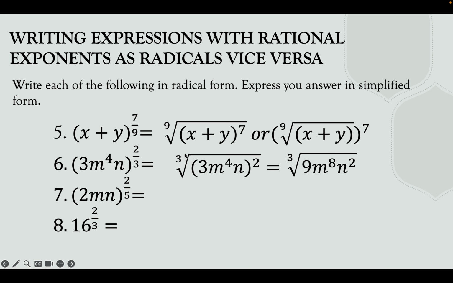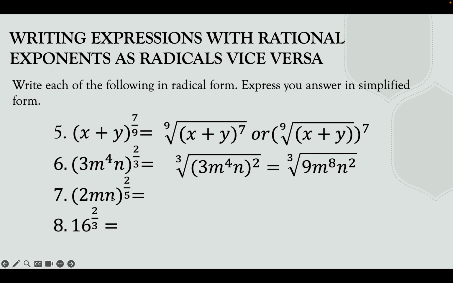So we have the cube root of 3m raised to 4n, all raised to 2. Then you distribute the exponent: 3 squared, m raised to 4 times 2, n squared. To simplify, we have the cube root of 9, m raised to 8, n raised to 2. Next example, we have 2m times n raised to 2 over 5.